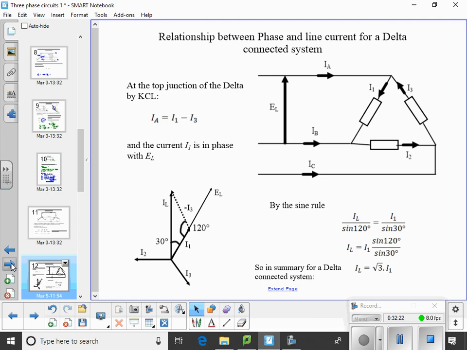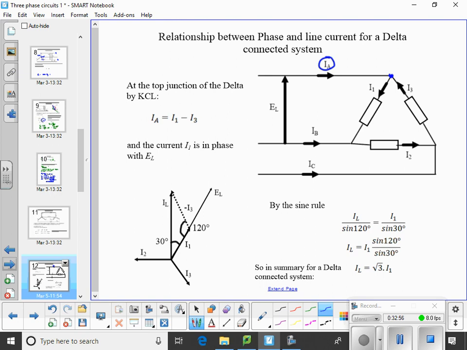Okay, in this diagram up the top here, we've got a current flowing IA in the line. And at this node here, we've got one current flowing out and another one flowing in. So it suggests that line and phase currents are different in a delta system.